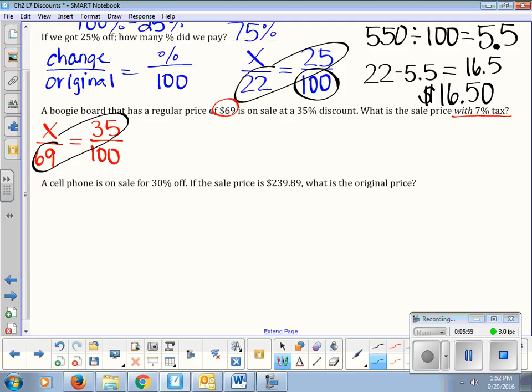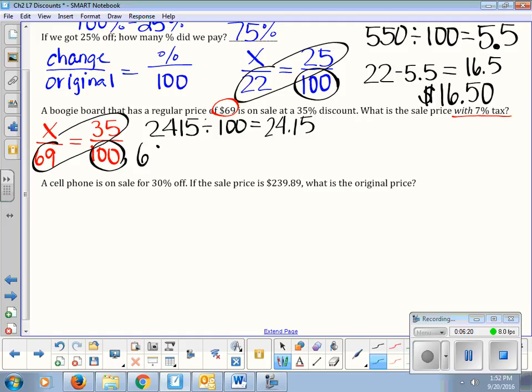69 times 35 gives us 2,415, and we divide by 100 to get 24.15. This 24.15 represents what? How much we are saving.